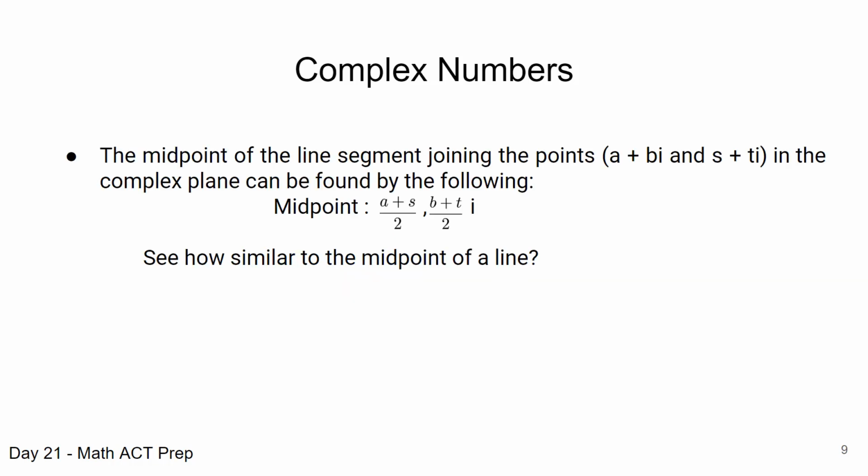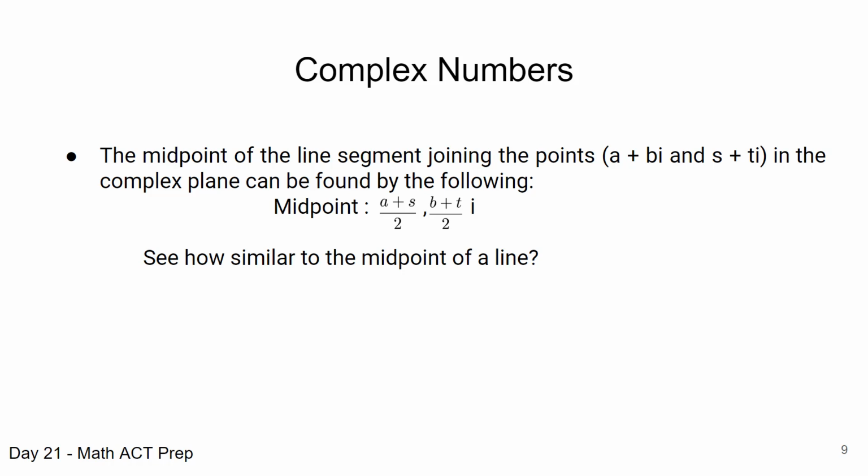One other operation you may be asked to do is to find the midpoint of the line segment that joins those points. Remember, we said the a plus bi, that is a point. The real component, imaginary component forms a point. And we can have multiple points, and you may have to find the midpoint. And it's very similar to finding the midpoint of a line.